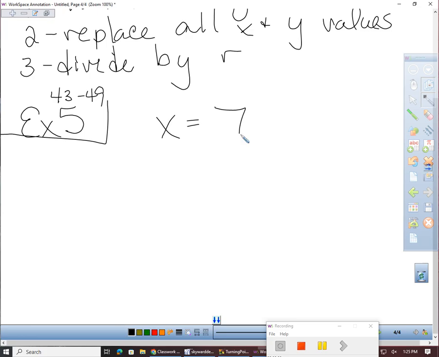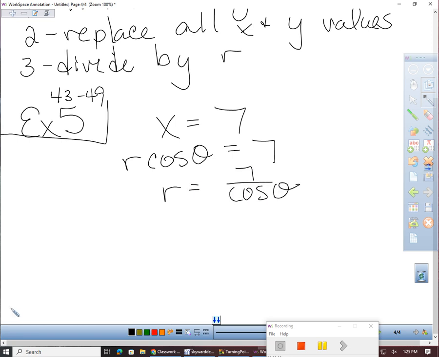On my card, I know that x equals r cosine theta equals 7. Now I need to isolate r, which means I'm going to divide by cosine. So r equals 7 over cosine theta. Well, I don't leave cosine in the denominator. How else can I write it? I can write this as secant, or r equals 7 secant theta.